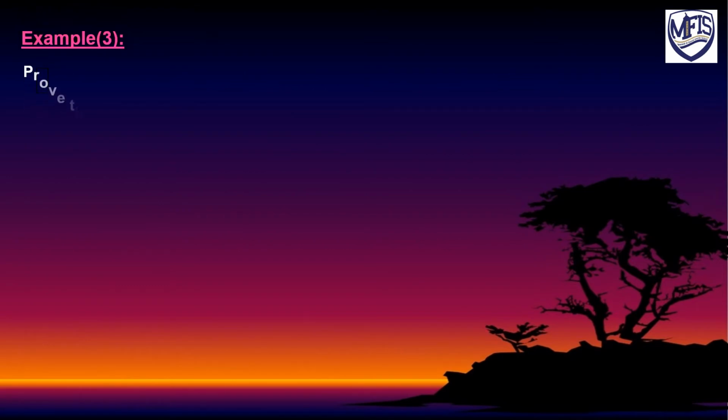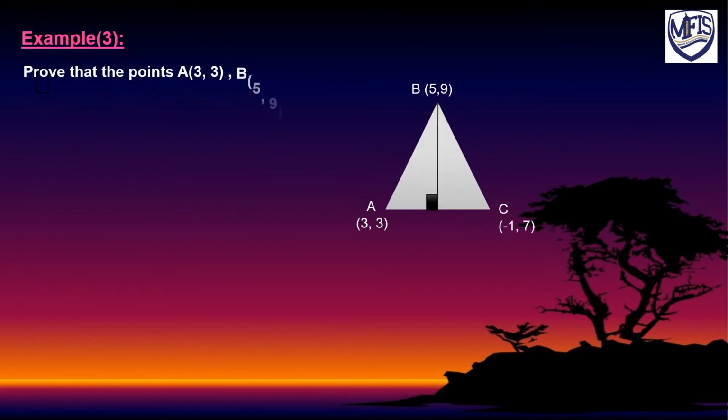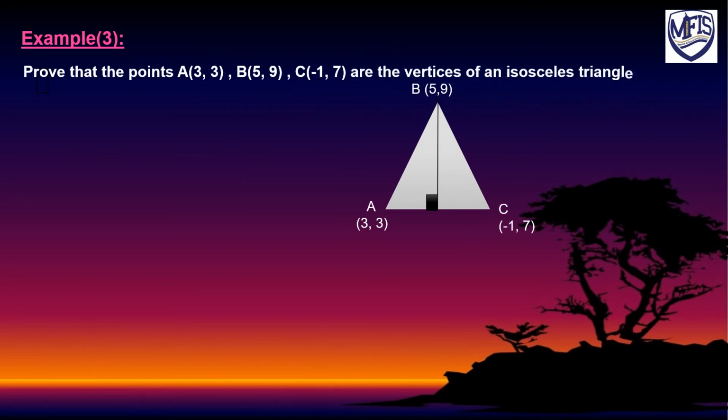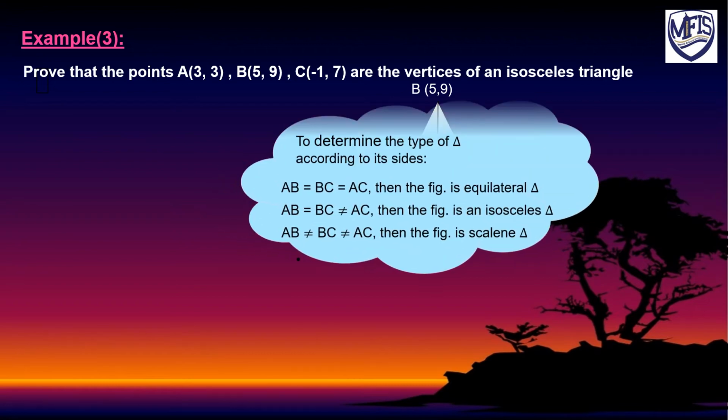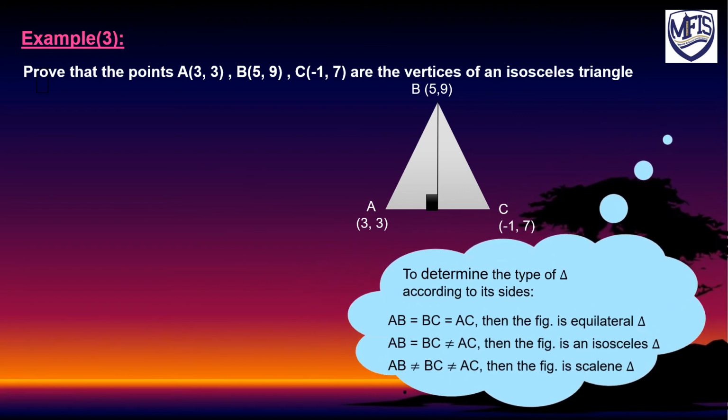Now, example number 3. Prove that the points A, B, and C are the vertices of an isosceles triangle. Now, I want to determine the type of the triangle according to its side length. To determine the type of the triangle according to its sides, of course, I will compare between the three side lengths.